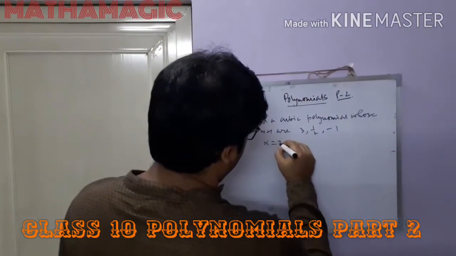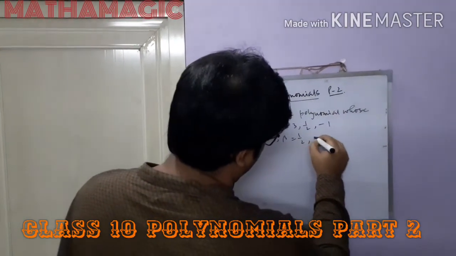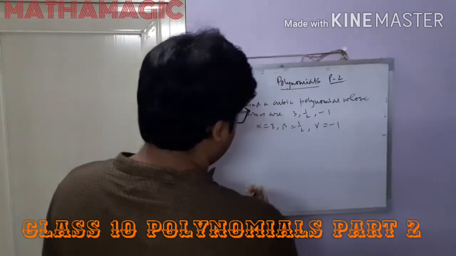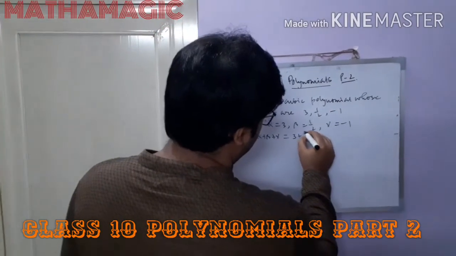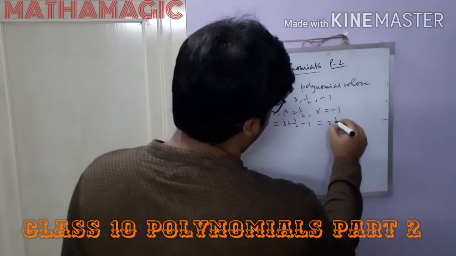So let alpha equals 3, beta equals half, and gamma equals minus 1. In order to do that, we have to find alpha plus beta plus gamma, that is 3 plus half minus 1, that is 2.5.